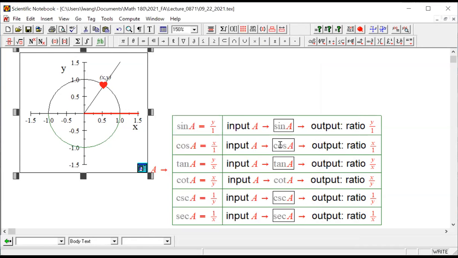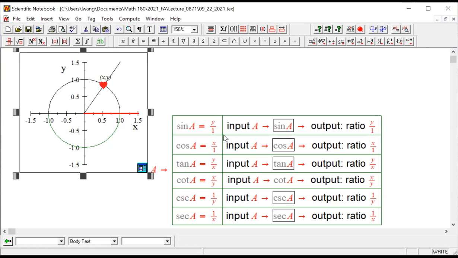Okay, so now this is x, y. Choosing the unit circle does not change the output. It maintains the output and simplifies the operation. But with that said and done, let's look at these ratios, okay?